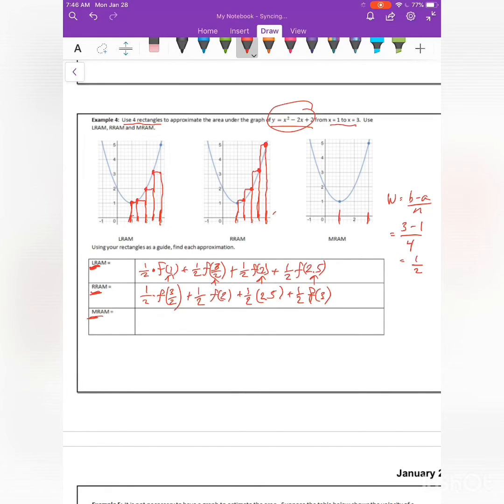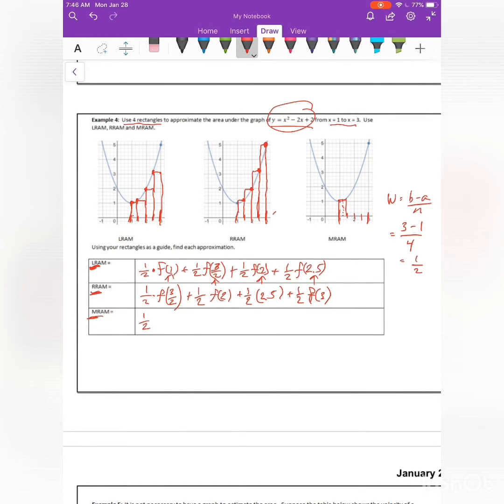So then finally the midpoint. Midpoint is, again, the ugly one, because now you have all these subintervals. Sorry, your widths are all half, right? But you're going to go up at the midpoint of each of those. So halfway between 1.5 and 1 is 1.25 if you want to use decimals.